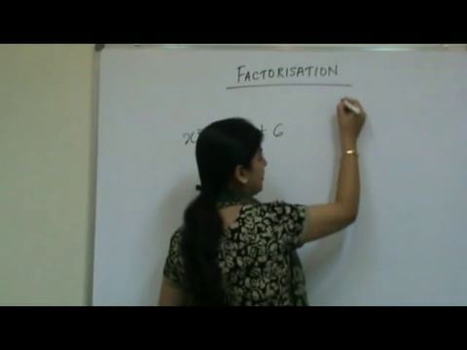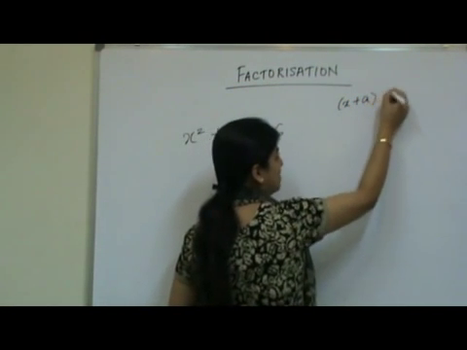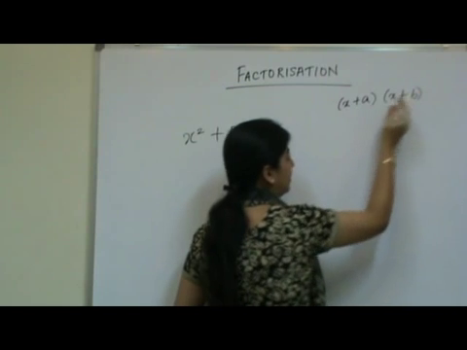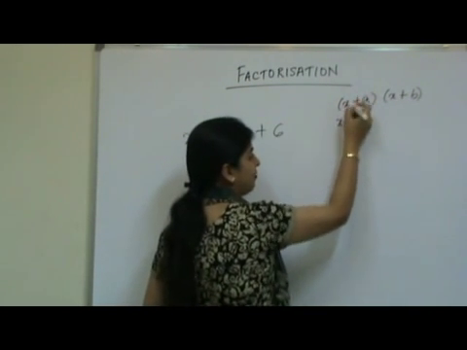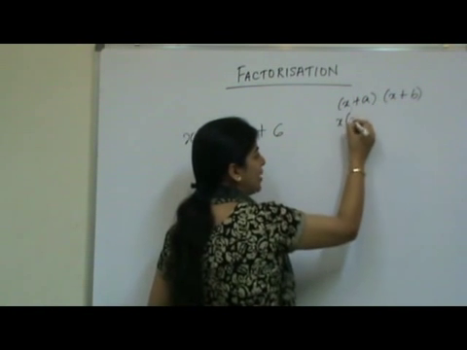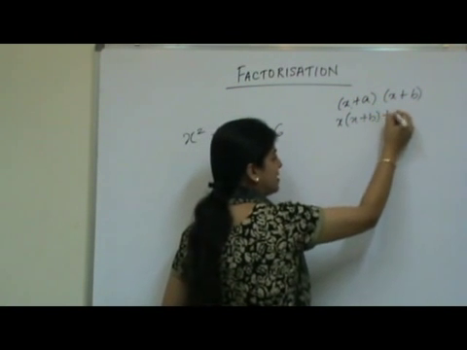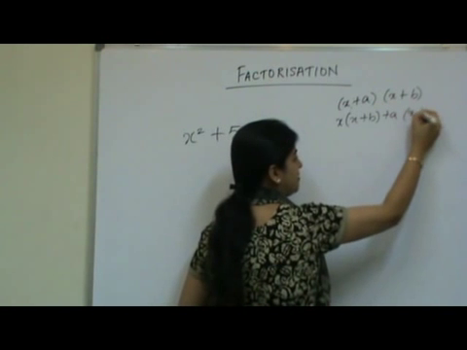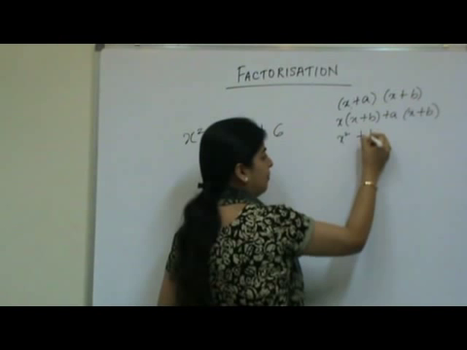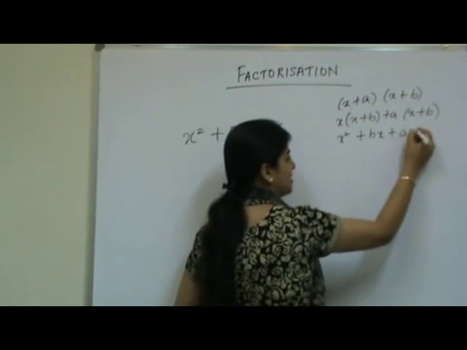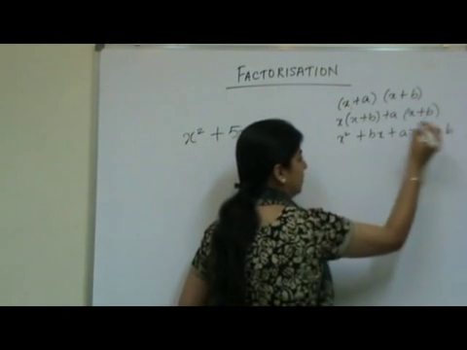Let us understand this with the help of this identity: x plus a into x plus b. When we multiply two binomials, we first break up the first bracket: x into x plus b plus a into x plus b, which can be further simplified as x squared plus bx plus ax plus a into b.